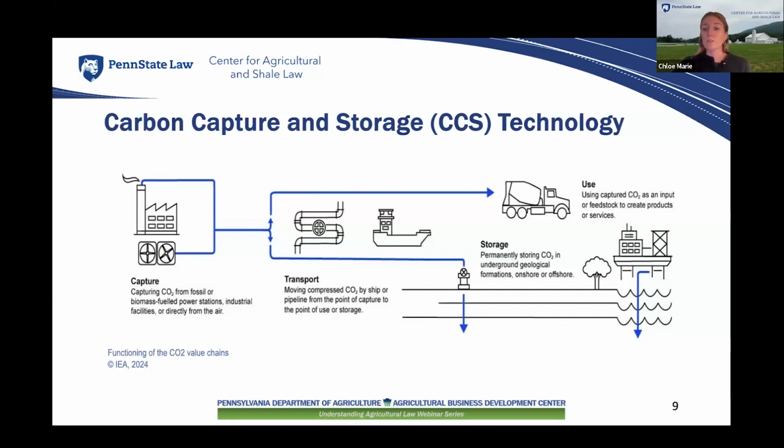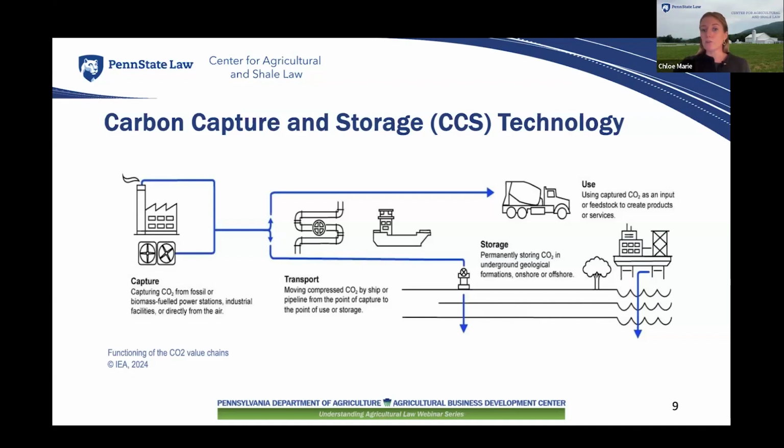Now, in the transport stage, once the CO2 is captured, it is usually transported via pipelines or trucks to centralized storage hubs. Some facilities may use temporary on-site storage tanks, but pipelines are generally the most common way to move carbon dioxide to its storage sites.